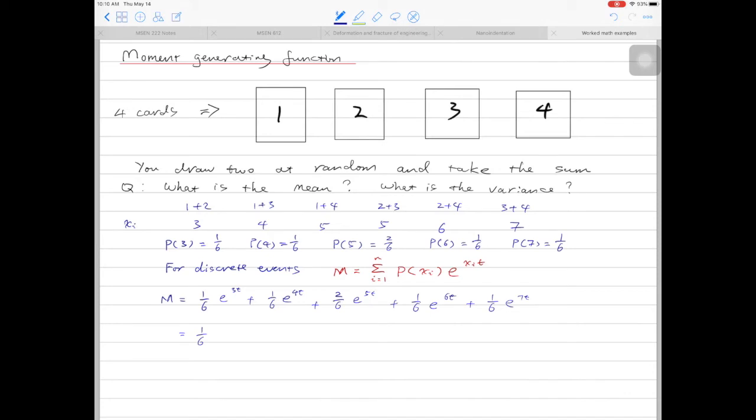Let's take out the common factor 1 over 6. So we have e to the power of 3t plus e to the power of 4t plus 2 e to the power of 5t plus e to the power of 6t plus e to the power of 7t.